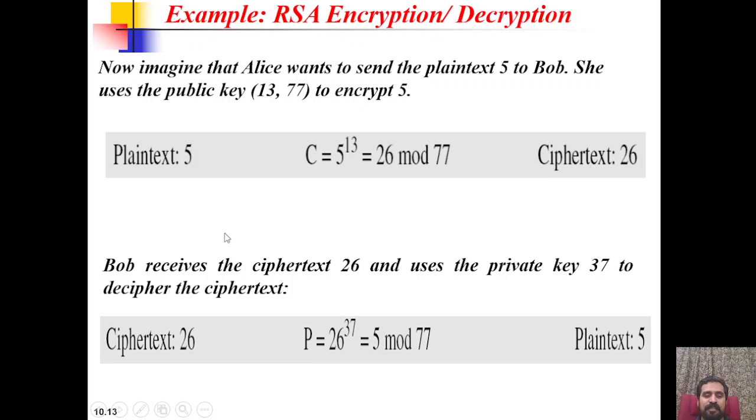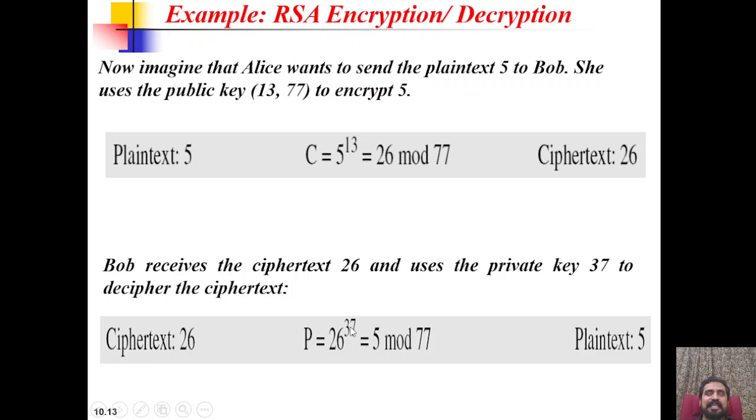Similarly, on the receiver end, we use the private key 37 that we calculated in the previous slide, and we receive the ciphertext 26. Now the receiver does the decryption. The formula for decryption is ciphertext to the power D mod N, where D is the private key.